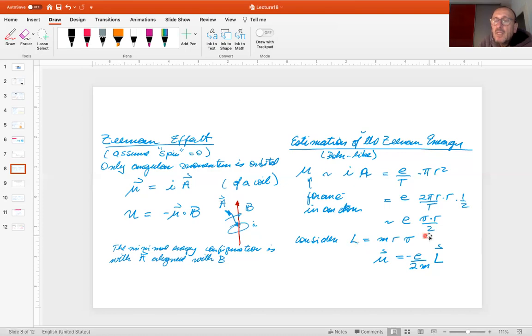So essentially, I generalize this to the expression that the magnetic moment of an electron would be minus e over 2m times L. Why minus e? Because it makes a difference, with respect to the angular momentum, whether the electron has a positive or a negative charge. It has a negative charge, so the sign of the current is changed.